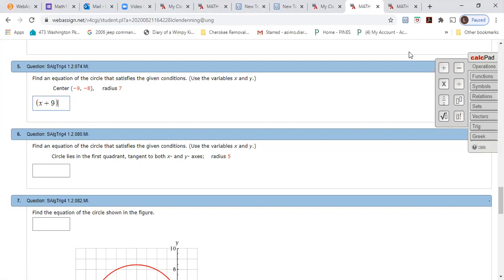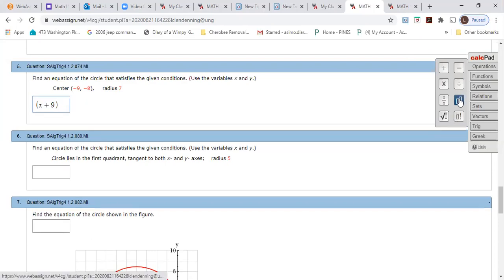Okay. Where's my square? It's the thing above the thing. Your functions or operations? It's where you're at now, but it's the one above the thing with the exclamation mark. Oh, right. Got it. Okay, so square. There we are. And then you have to press the right arrow. Okay. Yeah, got it.